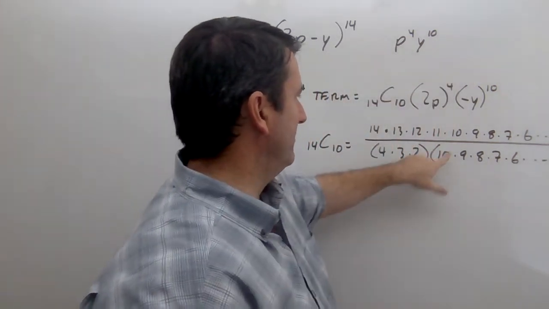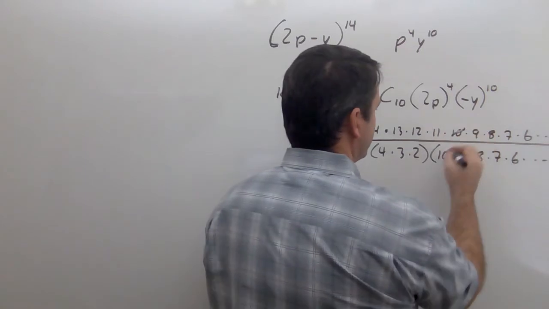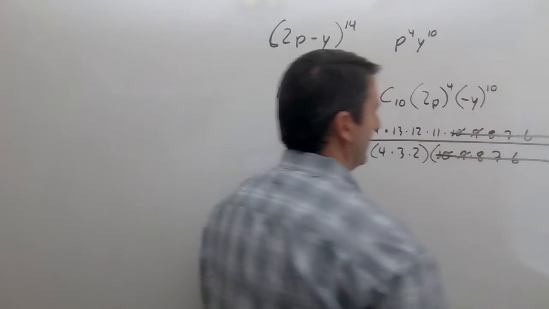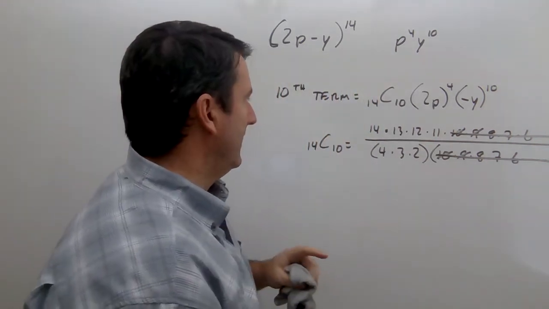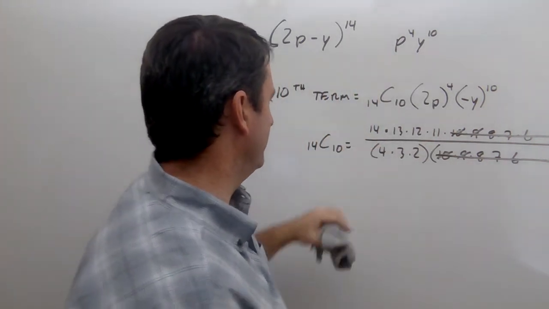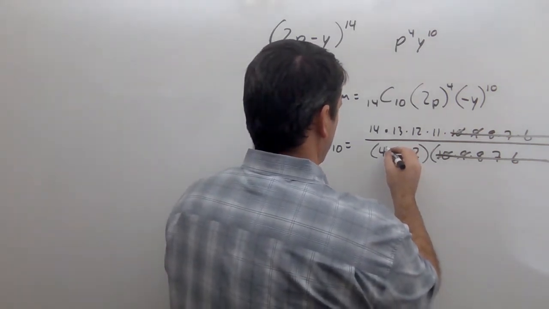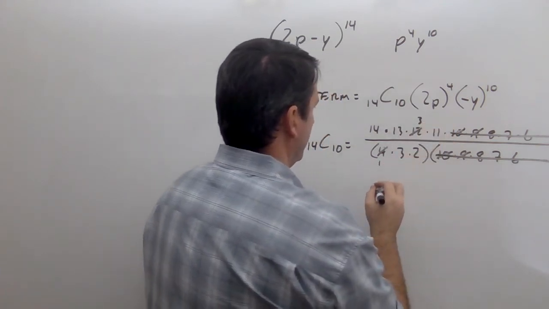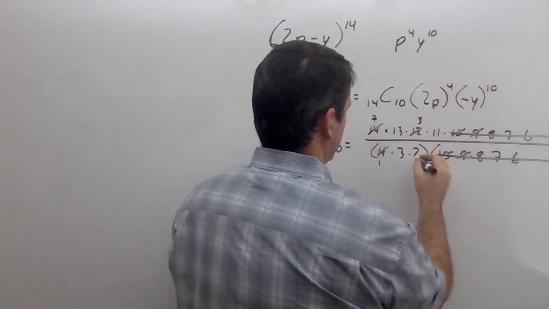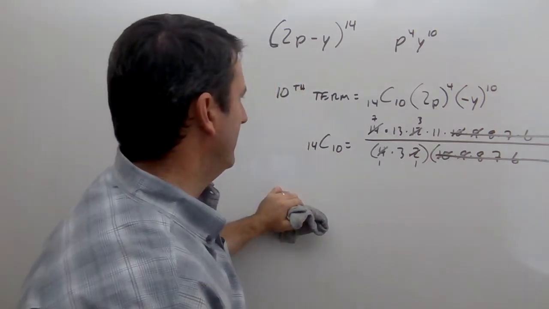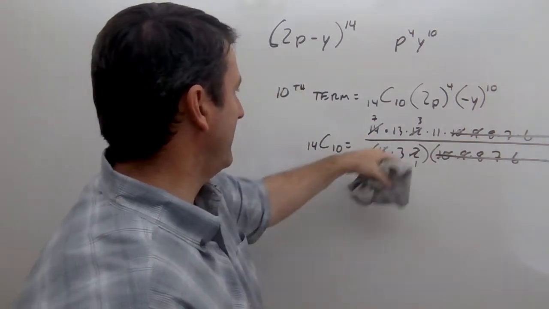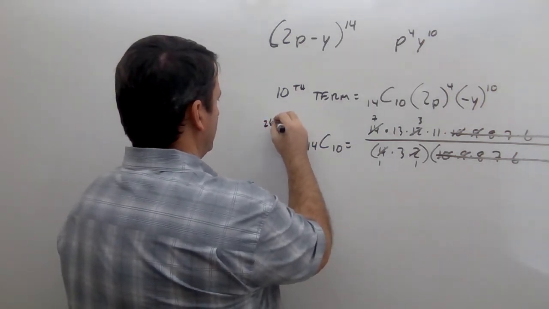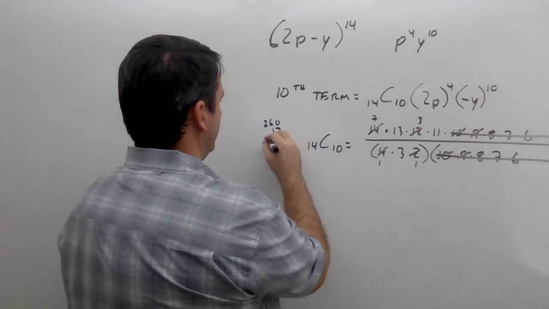And you can see that we're dividing here. These 10s are going to cancel, the 9s will cancel, the 8s. In fact, this whole thing all the way down to 1 is going to cancel. And so we're left with this. We can reduce this a little bit more. 12 over 4 is the same as 3 over 1. 14 over 2 is the same as 7 over 1. 7 times 3 is 21, times 13 is going to be 273.